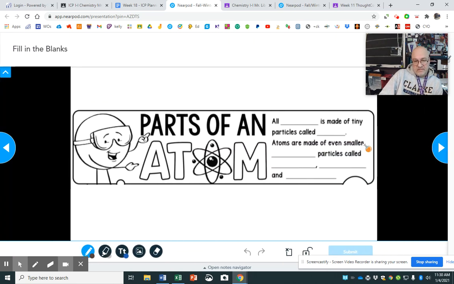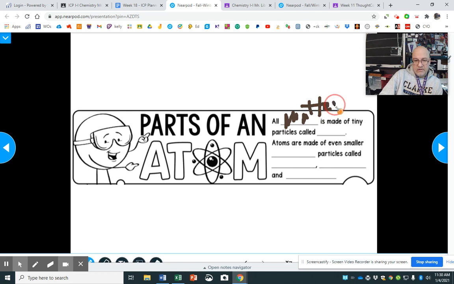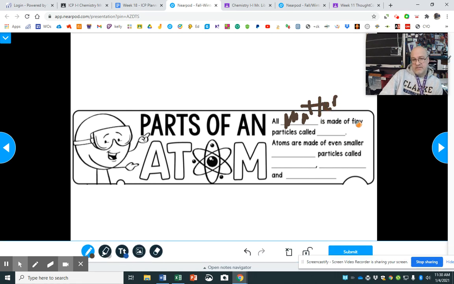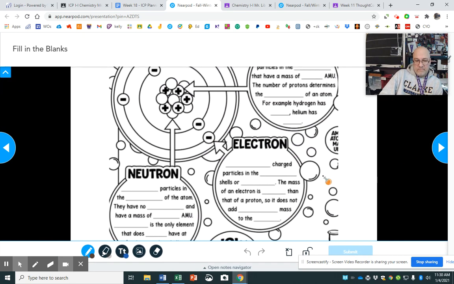Parts of them, these are straight from your notebook. All matter, oh, it's a terrible matter. Make it nicer. You have a stylus on your Chromebook, you can make it nicer. All matter, and these are pictures straight from your notebook. Right?